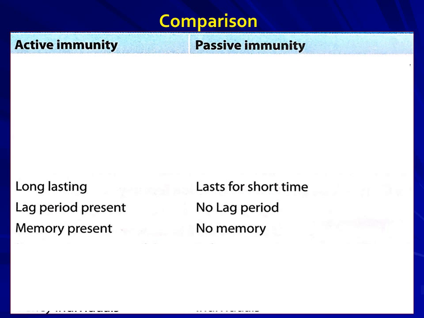But passive immunity lasts for a short time, and there is no lag period, because the individuals receive antibodies, and these antibodies are there for a short period, and no memory is present.